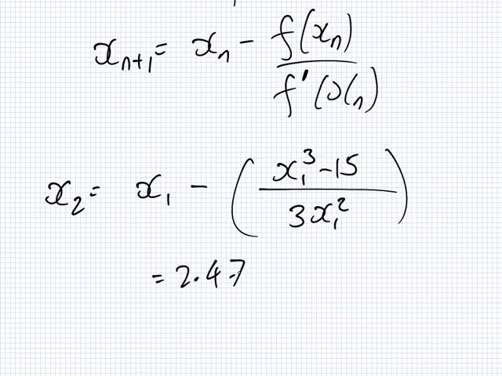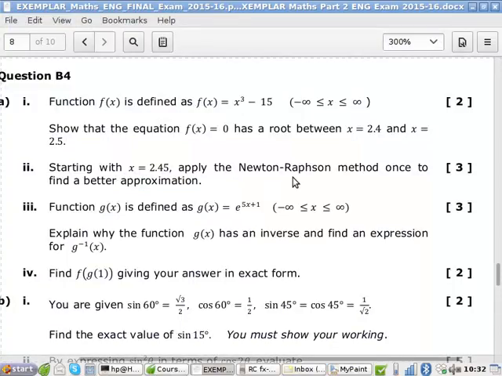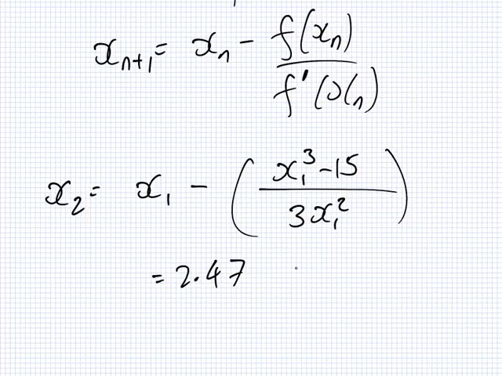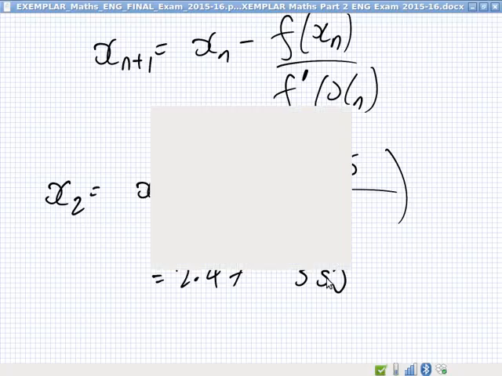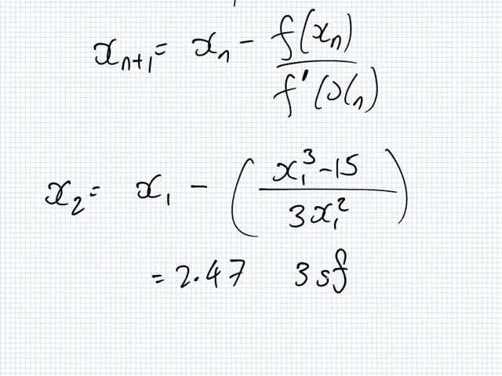Does it say anything about significant figures? What did you do wrong? No, the first derivative was 3x squared minus 15. Right, so you need to write this down.